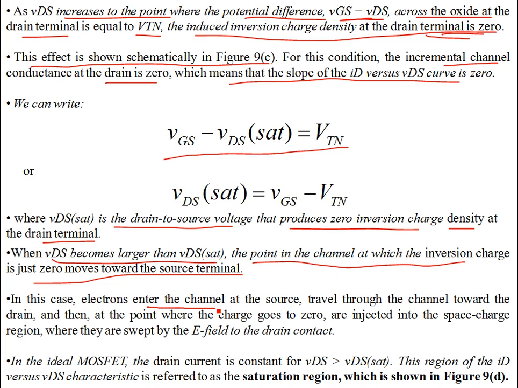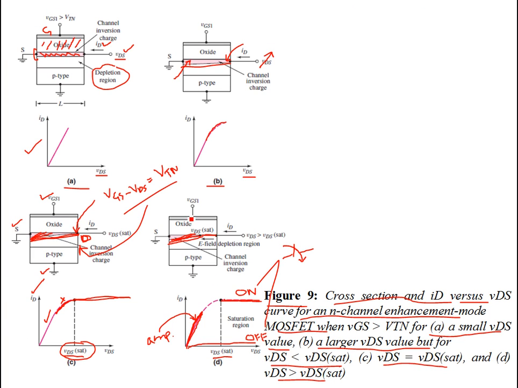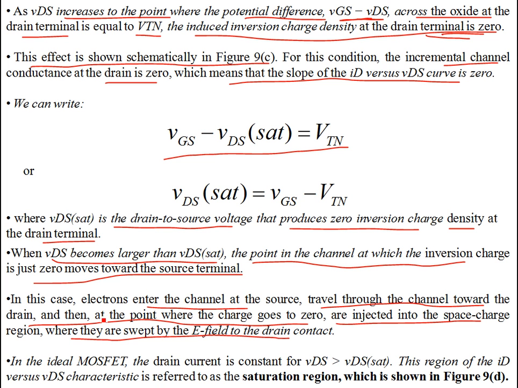In this case, the electrons entering the channel at the source travel through the channel toward the drain, and at the point where the charge goes to zero, they are injected into the space charge region, where they are swept by the E field to the drain contact. Due to the E field established by VGS, the charges are swept towards the drain terminal, and you will have a conventional current ID in this direction.